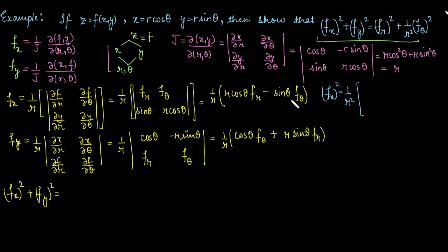Here we can apply (a minus b) whole square, that is a square, that is r square cos square theta, partial derivative of the function with respect to r whole square, plus b square, that is sin square theta, partial derivative of the function with respect to theta whole square, minus 2 into ab, that is r cos theta sin theta, into partial derivative of the function with respect to r and theta.